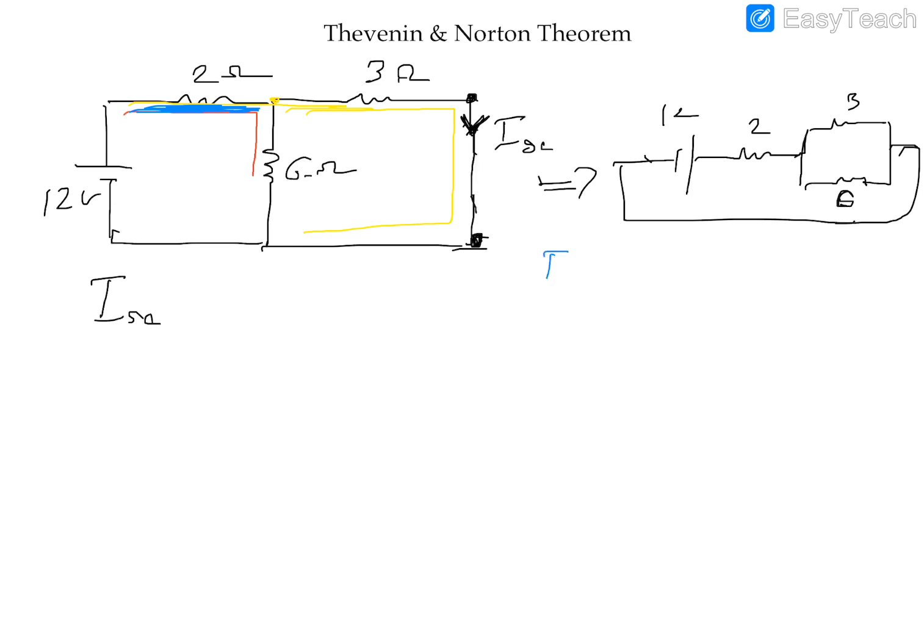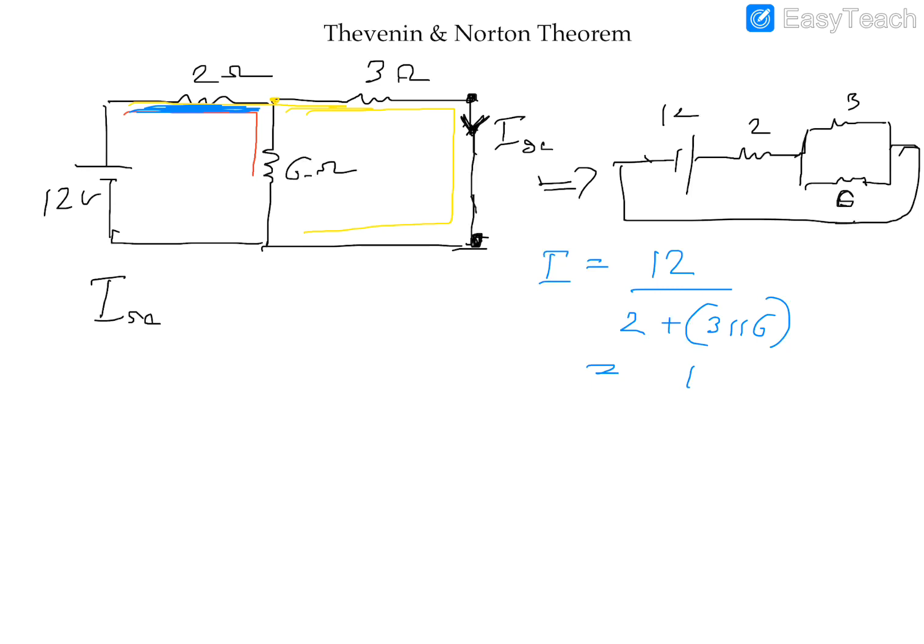So your main current I is going to be 12 volts over, I have 2 ohms in series with a branch of 3 and 6. So that's going to be 2 plus 3 parallel 6.